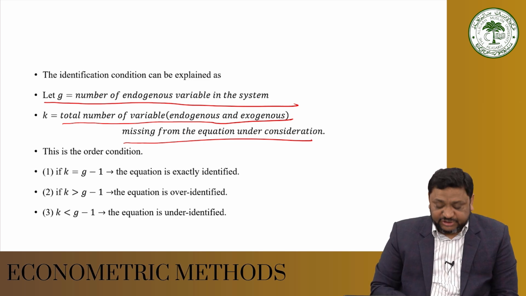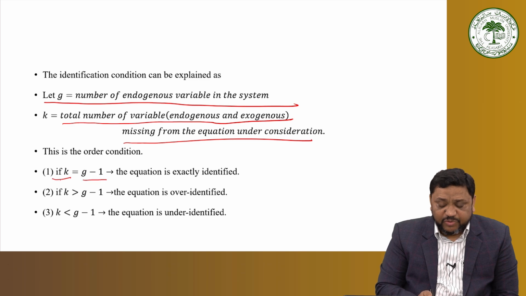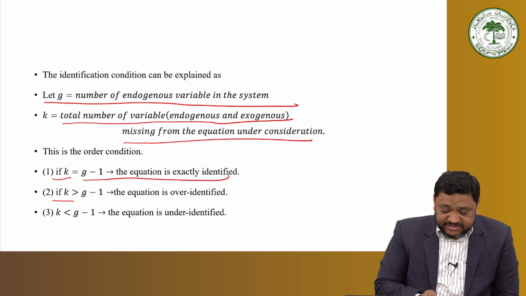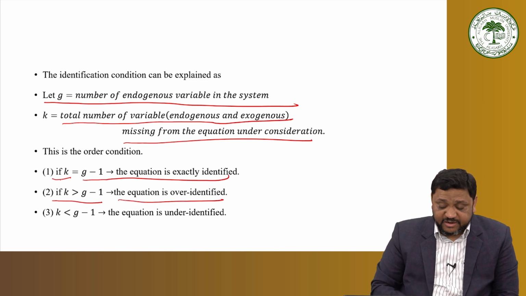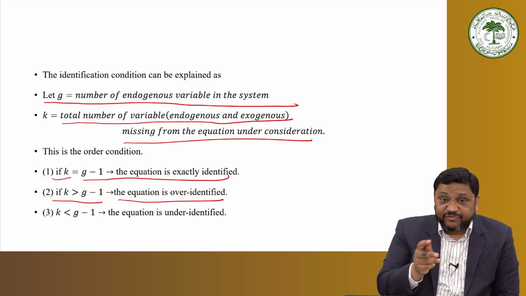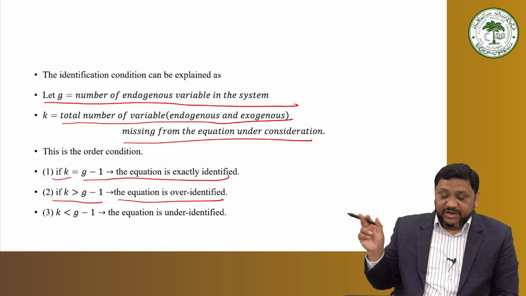What is the order condition? If K is equal to G minus 1, the equation is exactly identified. If K is greater than G minus 1, the equation is over identified. K means the total number of variables which are not present in that equation but are present in other equations.